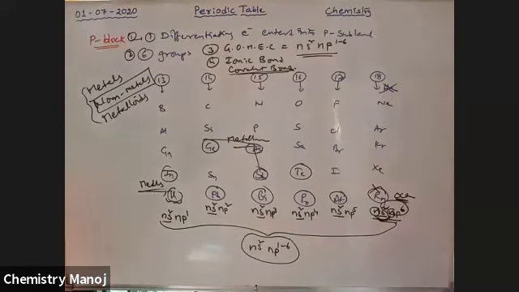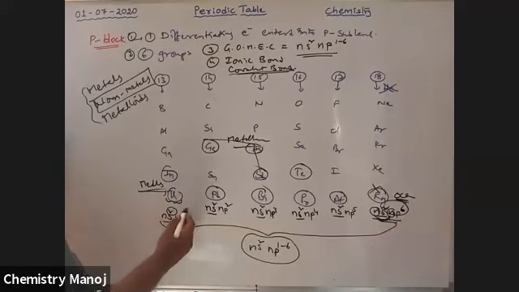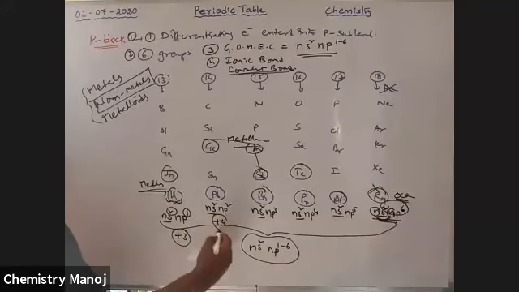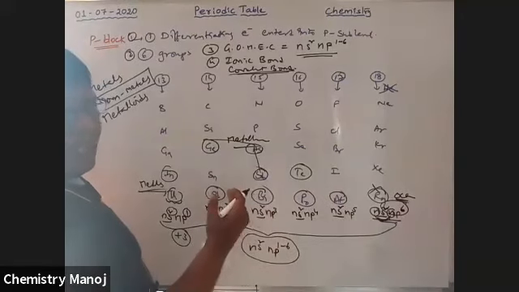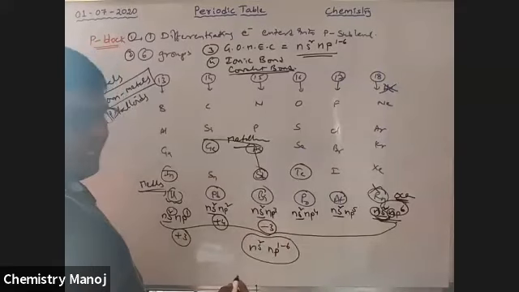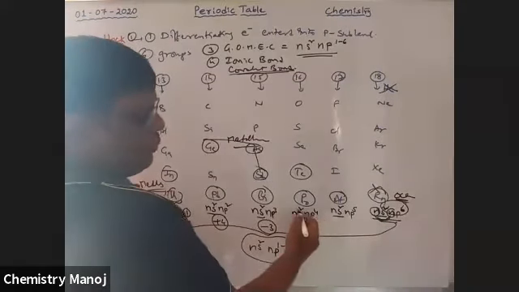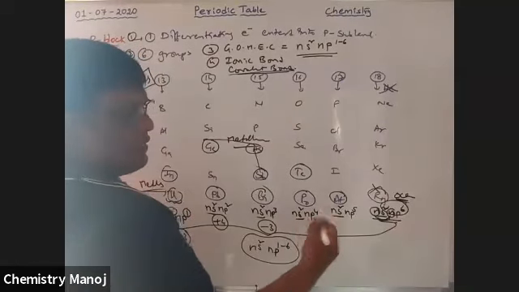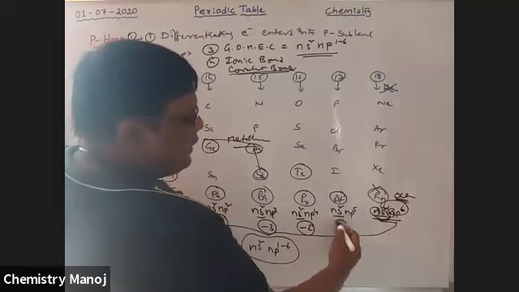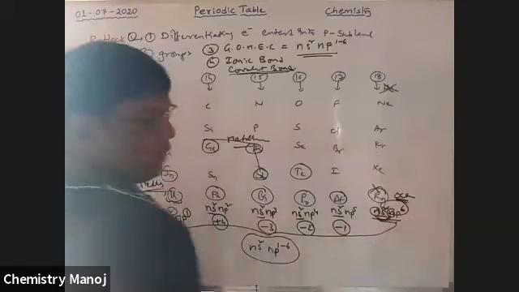Next, for ns2 np1, if these three electrons are involved in bond formation, that gives a +3 oxidation state. If 4 electrons are involved in bond formation, +4 oxidation state. For 5 electrons, they gain 3 electrons to get an octet configuration, so gaining gives a -3 oxidation state. With 2 + 4, that is 6, 2 electrons are required, so 2 electrons are gained, giving -2. Then -1, and for the last, no oxidation state.